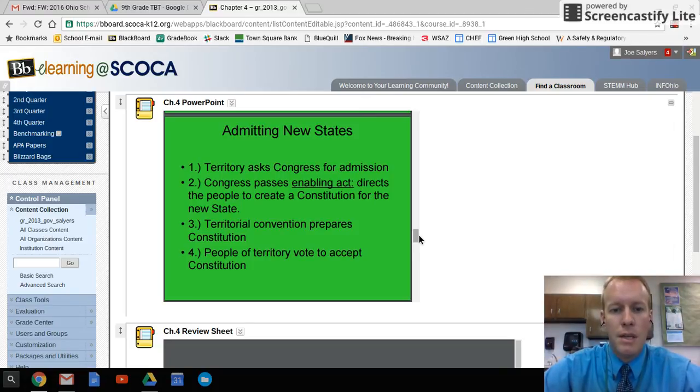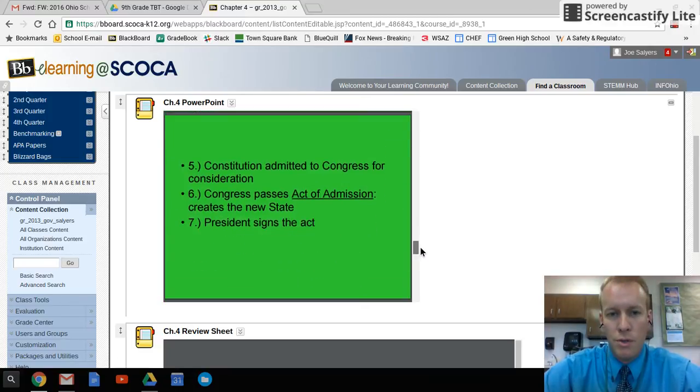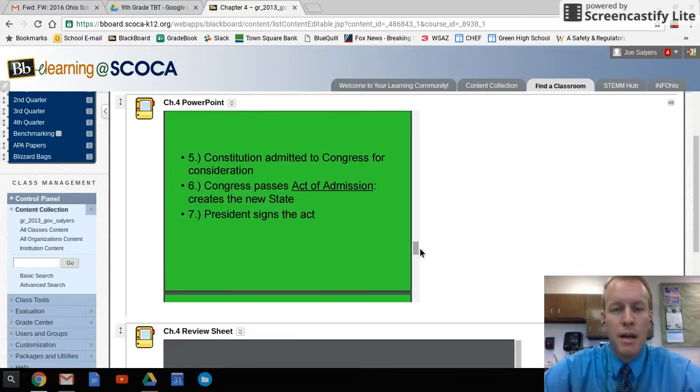The territory must then present that constitution to the people of the territory, and they have to either accept or approve the Constitution. If the people of the territory approve the Constitution, they submit the Constitution to Congress, who must approve it. If Congress does approve it, they pass the act of admission creating the state, and the president then signs the act.